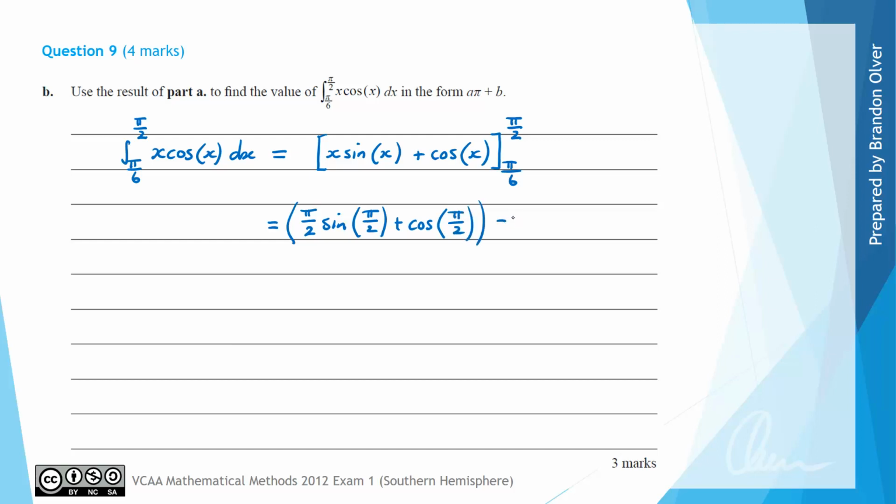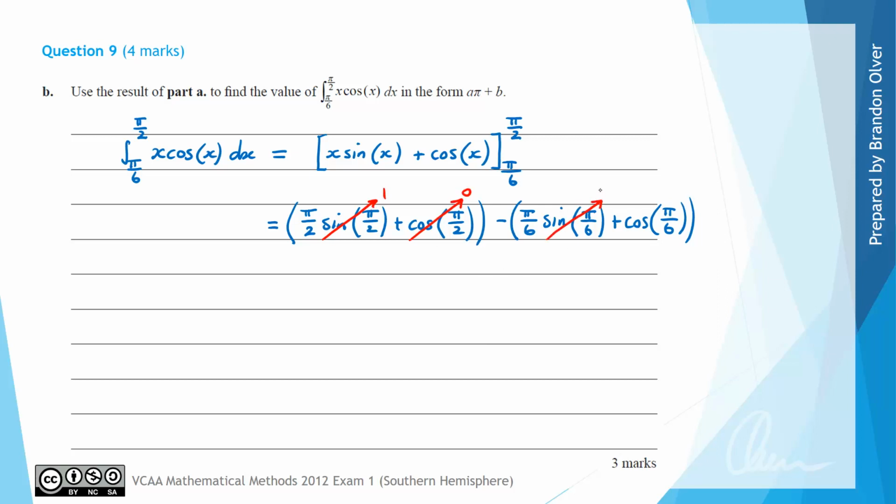Then we subtract away the lower terminal substituted in, so we have pi on 6 times sine of pi on 6 plus cos of pi on 6. Remembering our exact values, sine of pi on 2 is simply 1, and cos of pi on 2 is 0.